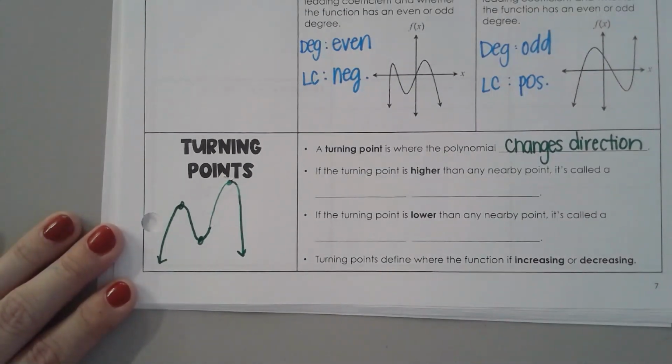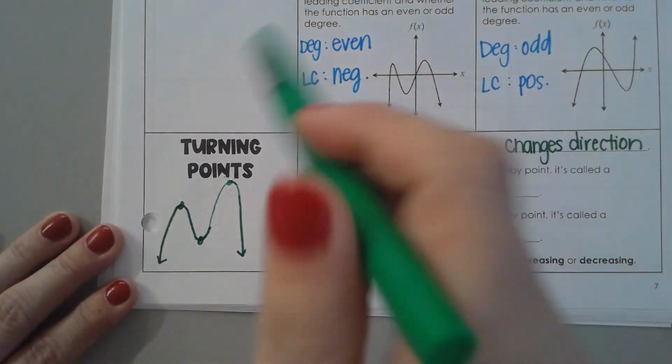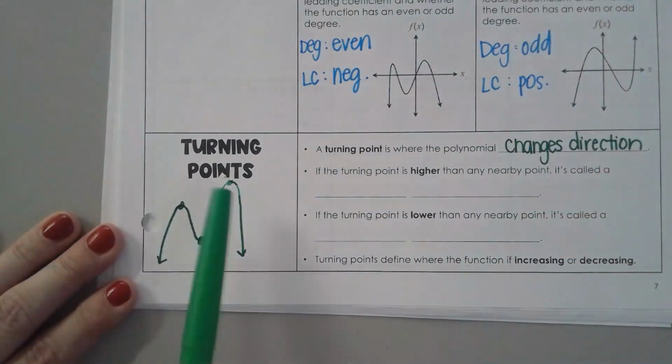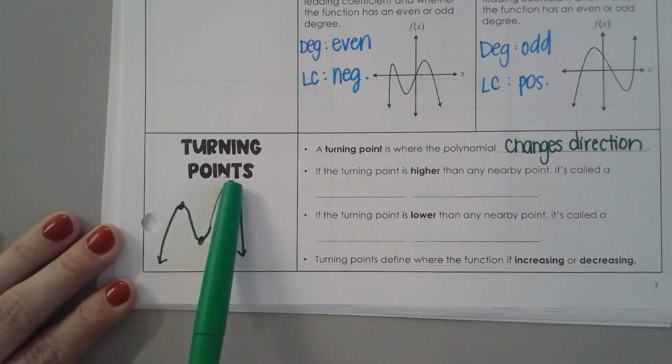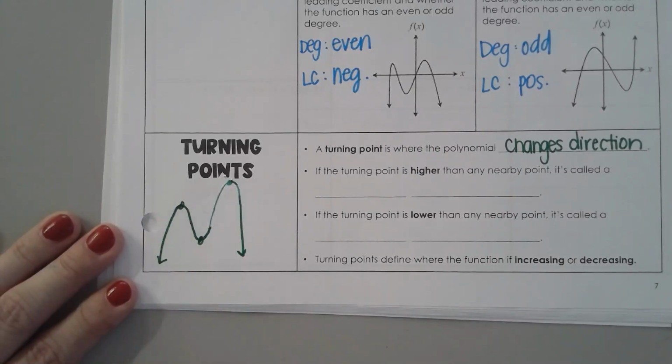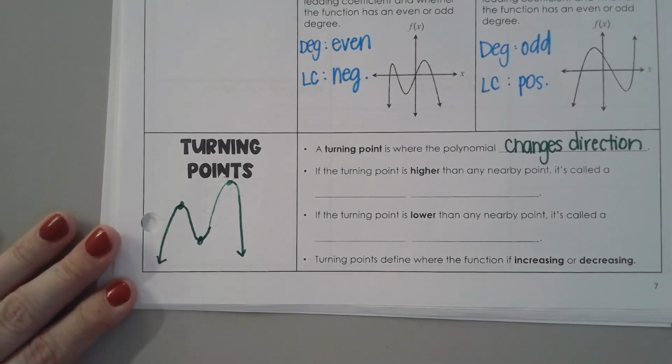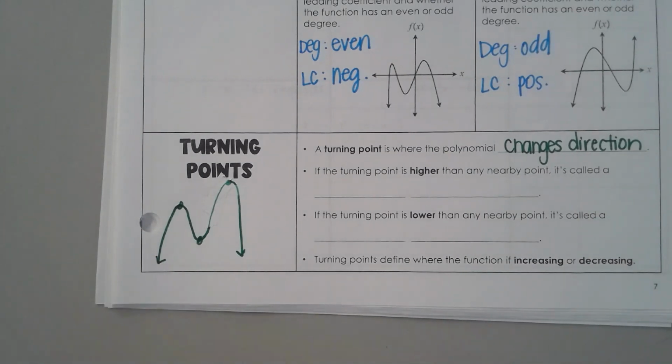That means we're talking about the highest point overall, which in my graph would be up here. That's the highest of all of the hilltops. That's the absolute maximum. But what we're going to be talking about is what's called the relative maximum.